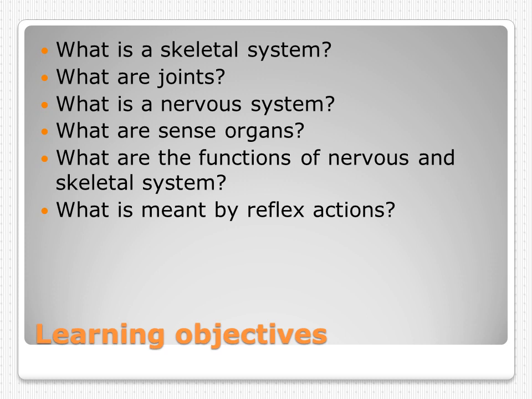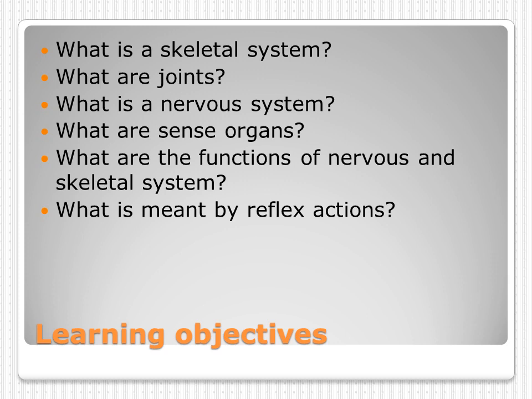Before entering into the chapter, what are the learning objectives present in this chapter? First, we are going to learn what a skeletal system is. Then, what are the joints? How many joints are present in our body?